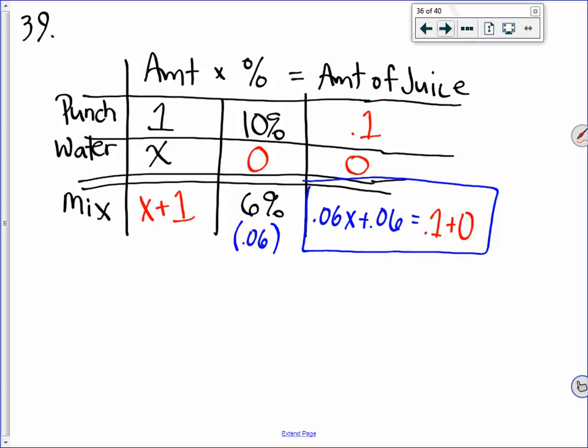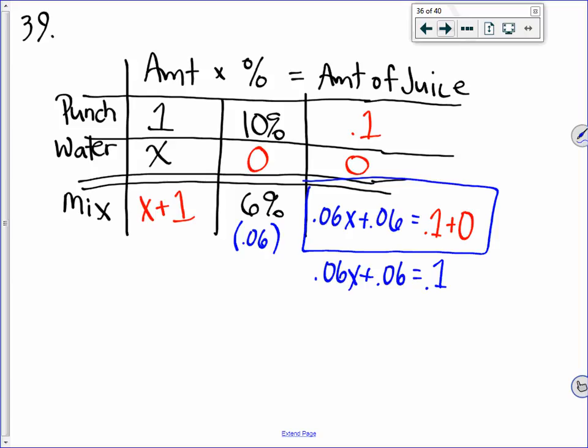With the 0, would you add it to 0.1 or would you add it to 0.06? Well, when you add 0, it doesn't change the amount, so the net result would be the same, but really you want to add down. So 0.1 plus 0 is just 0.1. So then you're going to solve the equation. 0.06x plus 0.06 equals 0.1, because anything plus 0 is just itself.